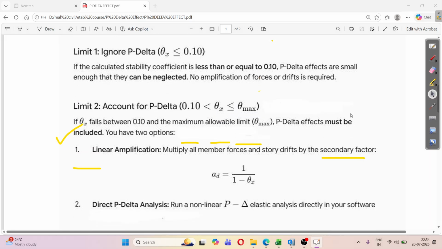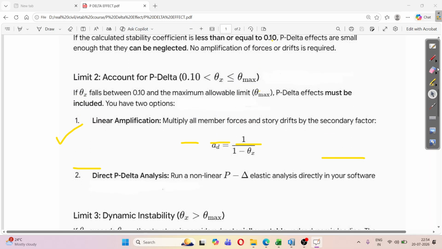For that purpose, you have two ways. The first way is linear amplification, meaning you just multiply the member forces and story drift by this factor. The formula is 1 upon 1 minus theta x. Whatever factor comes here, you multiply all the forces with this factor.